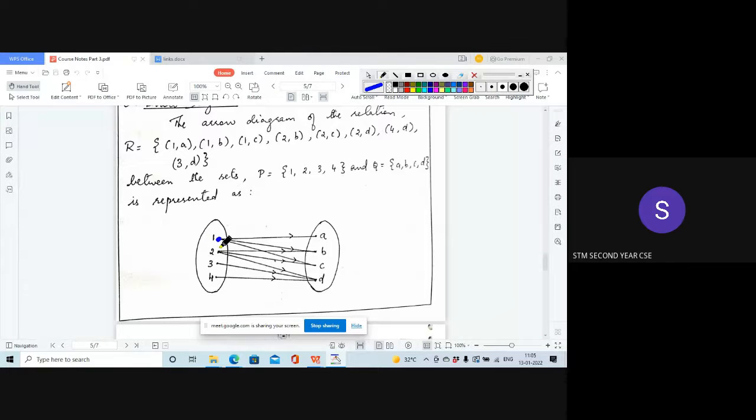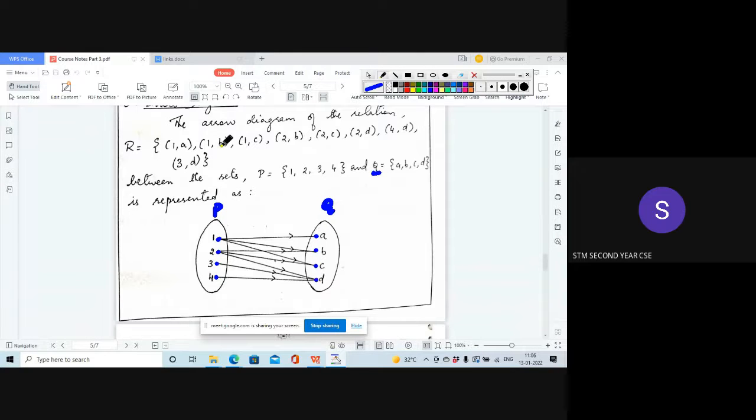Then you draw another ellipse by the side and represent the second set Q. So this is P and this is Q. Write the elements inside with a dot. Here you have the elements of Q, that is A, B, C, D.